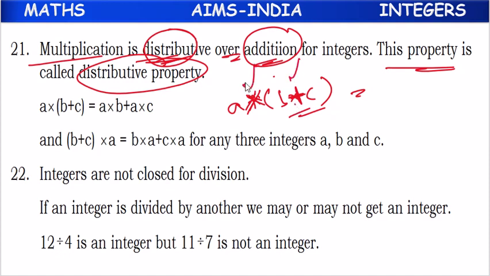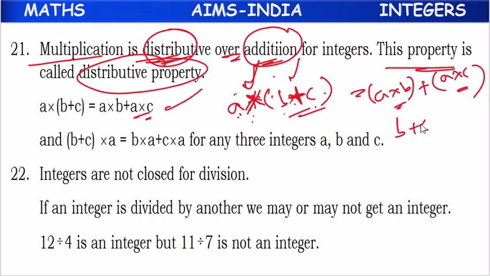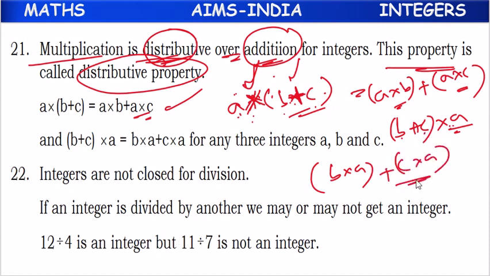This product can be distributed to b and distributed to c, which means a into b plus a into c. Multiplication is distributed over both the terms of the addition. So this is called the distributive property. Or if we have (b plus c) into a, with a single element on the right-hand side, then also we can write b into a plus c into a.